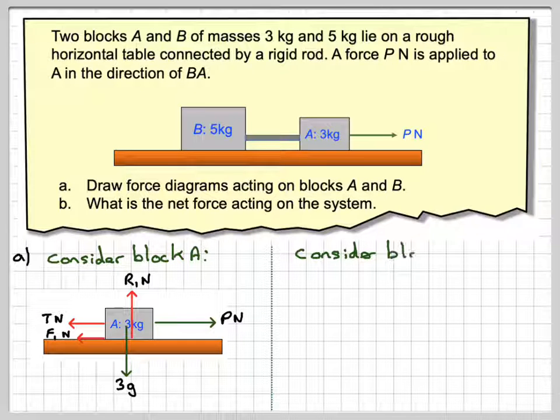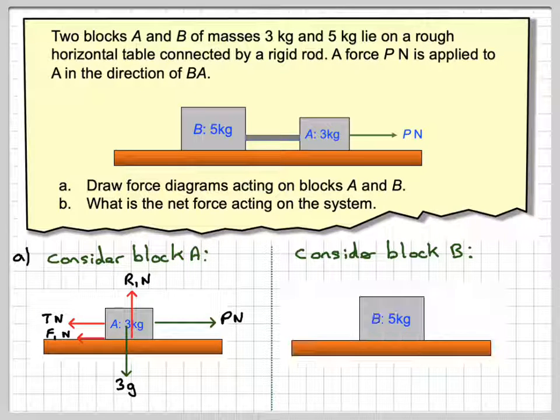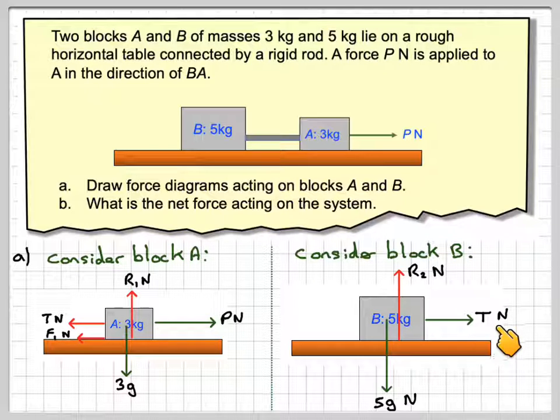Now, if we consider block B, here's block B. Here we're going to have the weight acting downward, which is 5g, and the reaction force, which is R2 newtons. And we've got the same tension, T newtons, here.